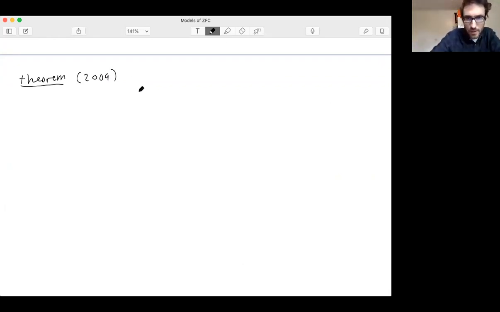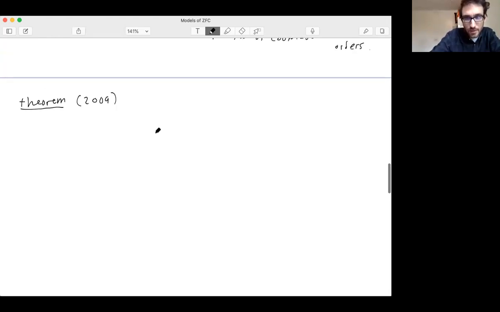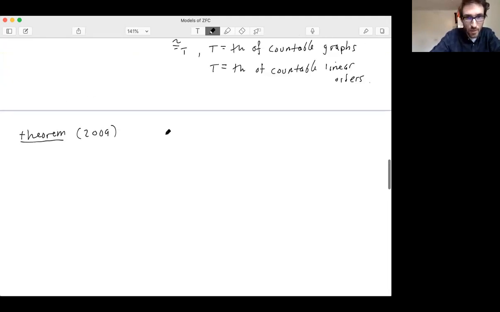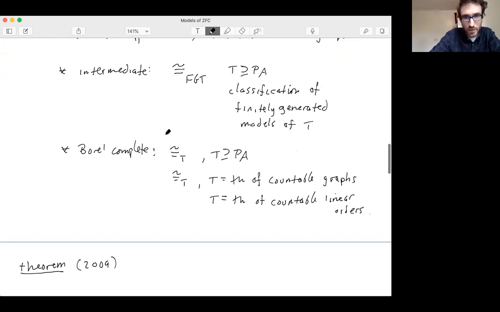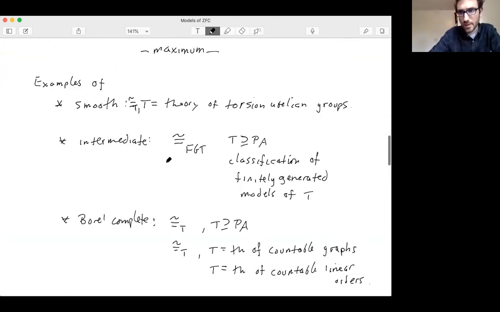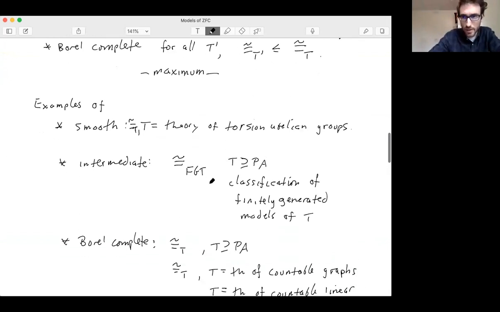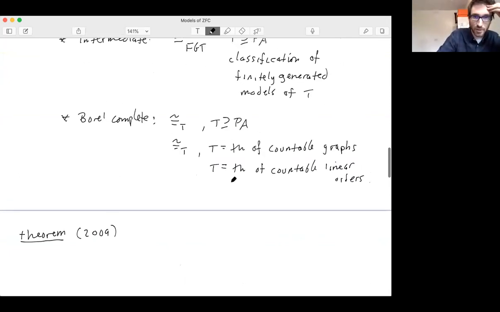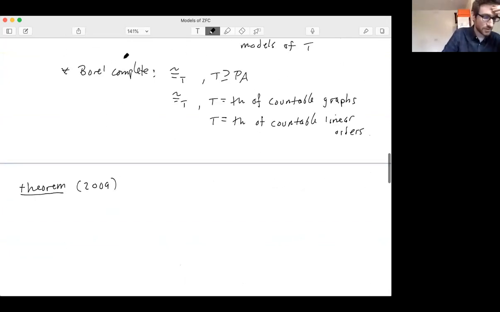In this paper, we addressed a number of different classes of countable models of PA, as well as classifying automorphisms and classifying extending pairs. But the only theorem that I want to mention today, I guess I already mentioned the thing about the finitely generated models, but if you just look at arbitrary models, it's Borel complete. I guess I mentioned it right there as well. I got ahead of myself.